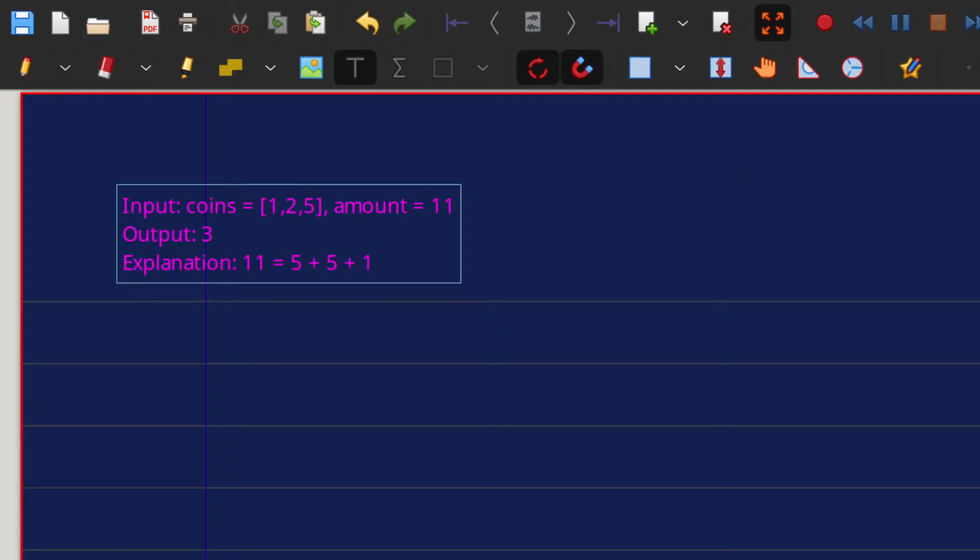Okay, so this is the color guys. Alright, so this is a question for us.